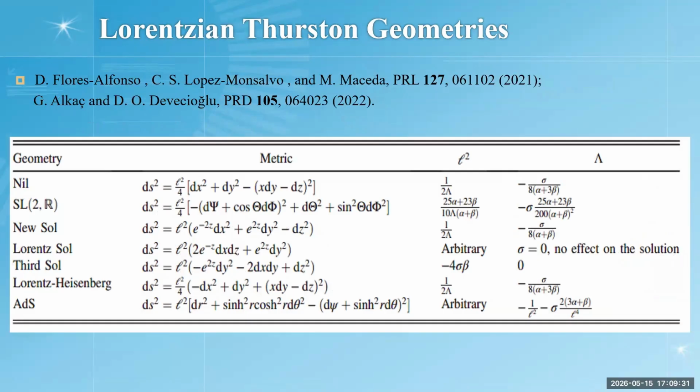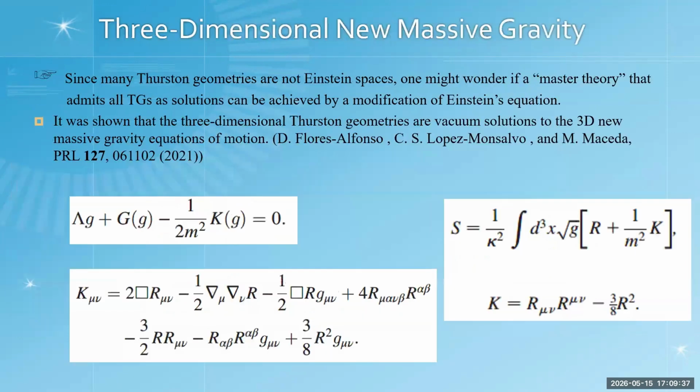There is also a Lorentzian version of Thurston geometry, and the interesting question is where we can modify our gravity theory. For example, we can include a higher derivative term introduced by Townsend and others, called new massive gravity.